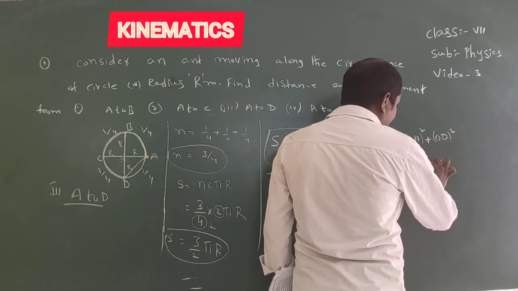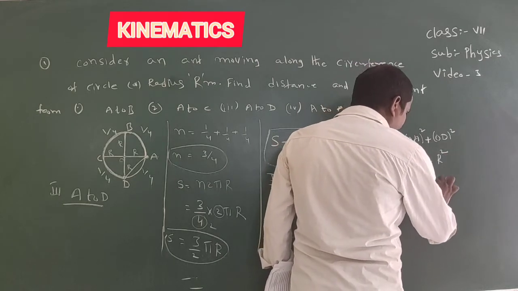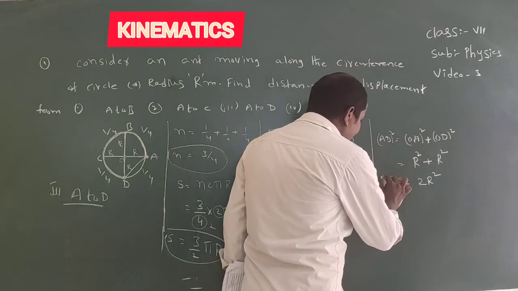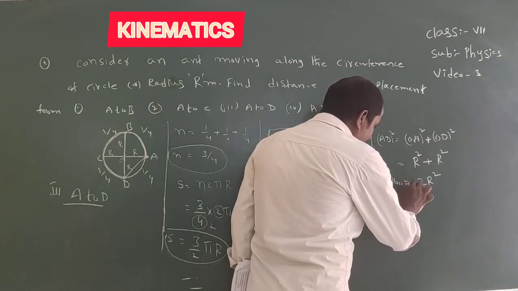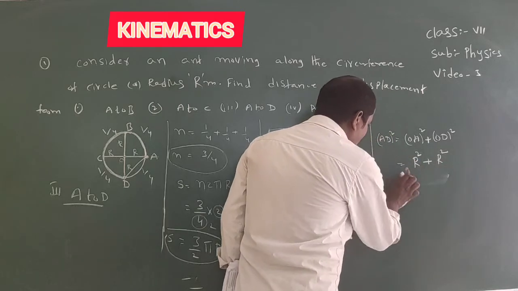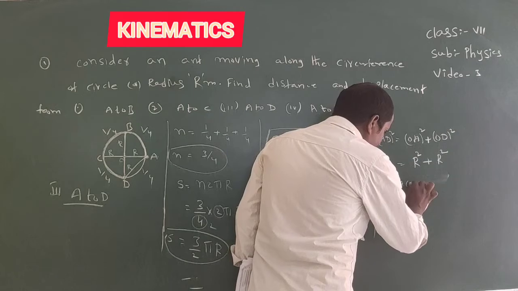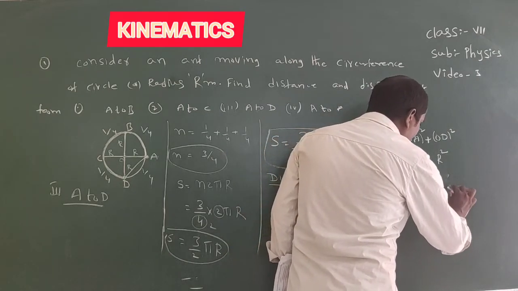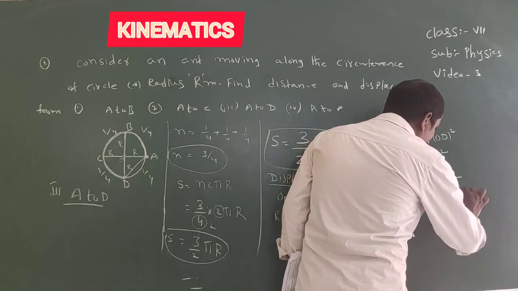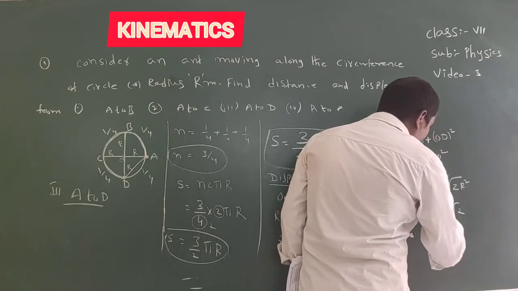So it is r square, here also r square, that is equal to 2r square. So here displacement AD equals root of 2r square. You can write here r into root 2.